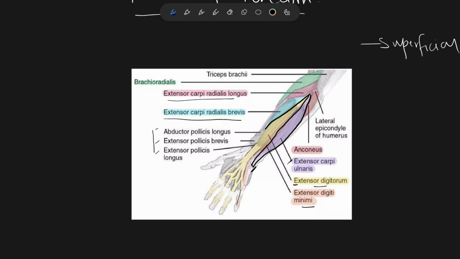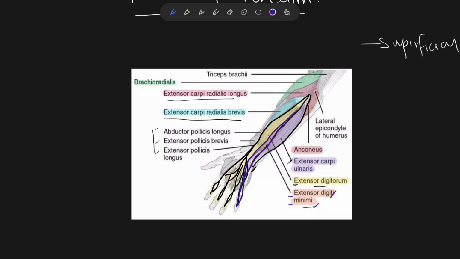Extensor digitorum means digits. It will bifurcate like this and supply the digits. Now we have another muscle named extensor digiti minimi. Digiti minimi means the small, little finger. It will come all over like this and innervate only our little finger.